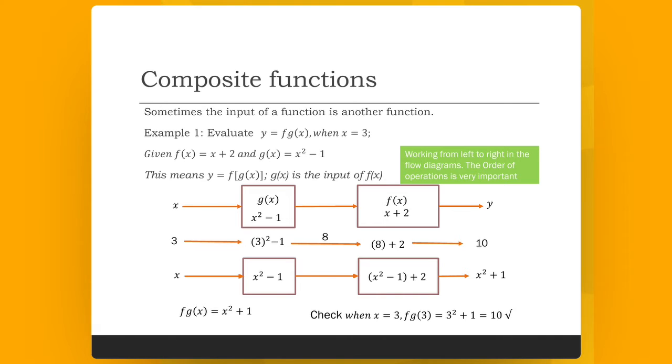Then we can simplify that to x squared add 1. Once we've got the simplified expression for fg of x, which equals x squared plus 1, we can substitute x equals 3 and obtain 3 squared plus 1, which is 10. And this is the same result as we had before.